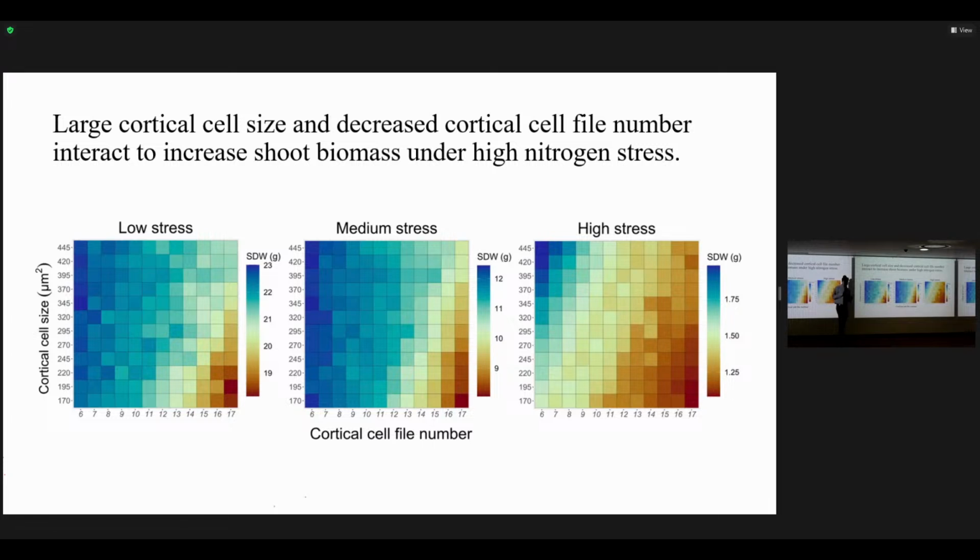One thing we can realize, if we look at low stress conditions, is that the effect of cortical cell size is important only when you have increased cortical cell file number. For example, if we look at this row only, we can see that having a large cortical cell size is improving the shoot biomass, and having a small cortical cell size is affecting the biomass.